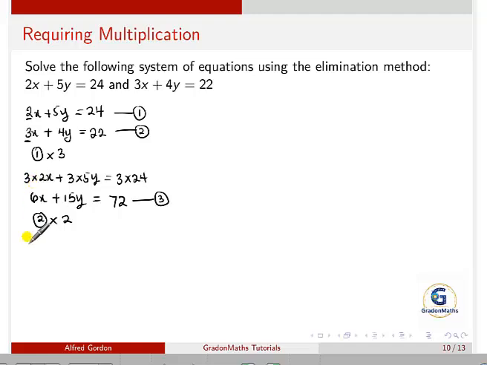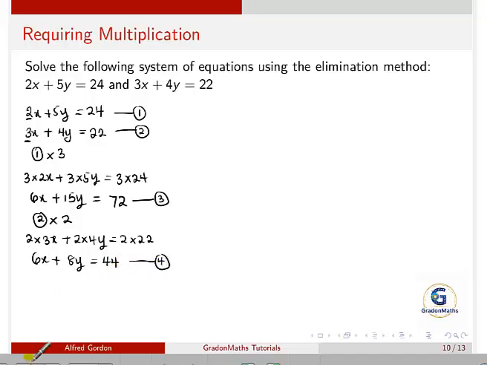Here we have 2 multiplying 3x plus 2 multiplying 4y is equal to 2 multiplying 22. This gives us 6x plus 8y is equal to 44, and let's name this equation 4.